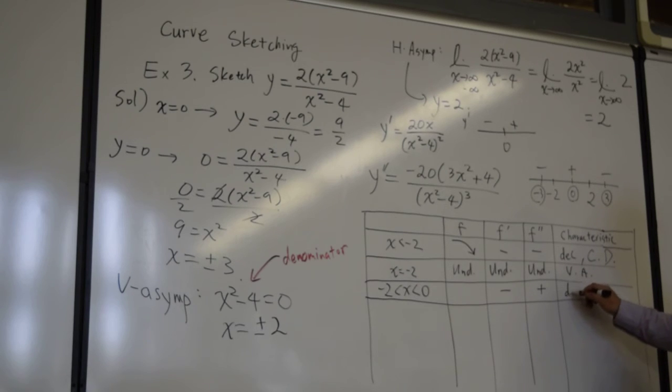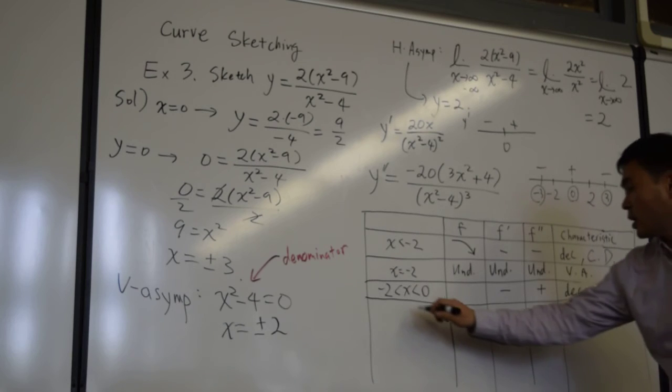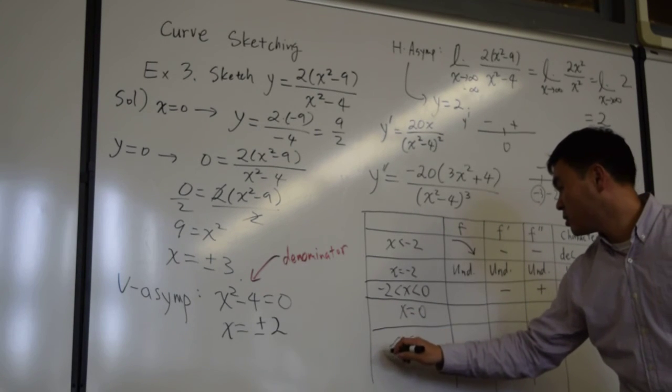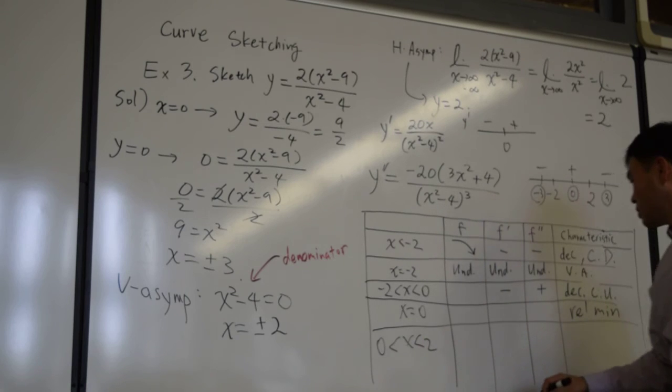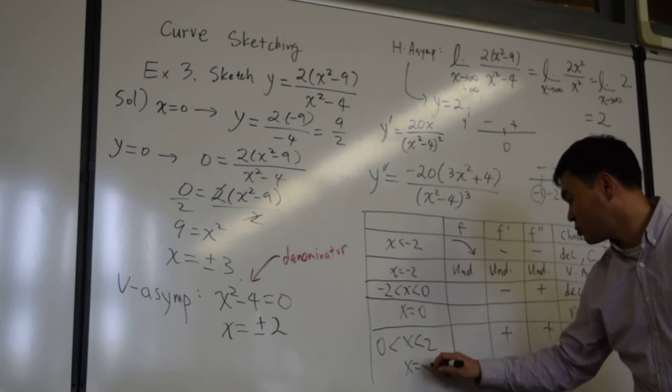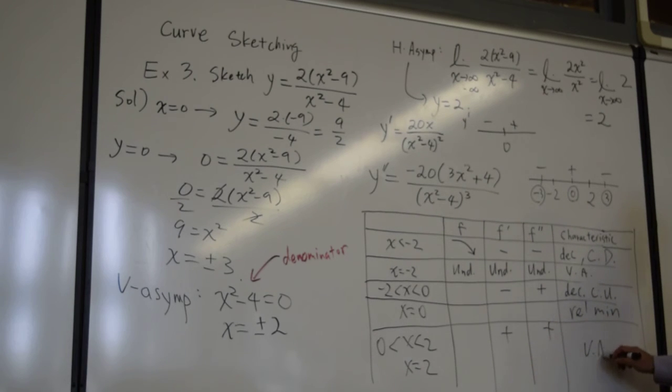This is just decreasing, concave up. And x equal to 0 gives you relative minimum. And between 0 to 2 will be positive, and x equals to 2 is a vertical asymptote.